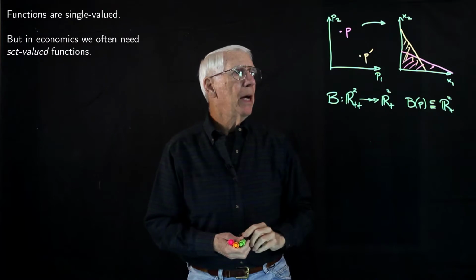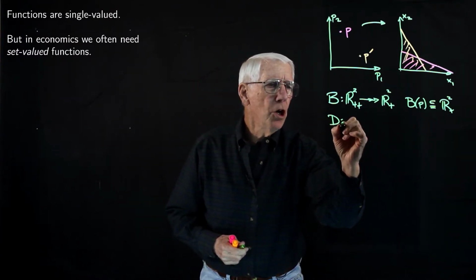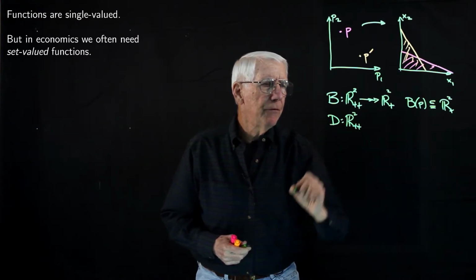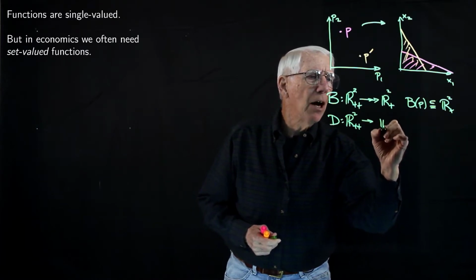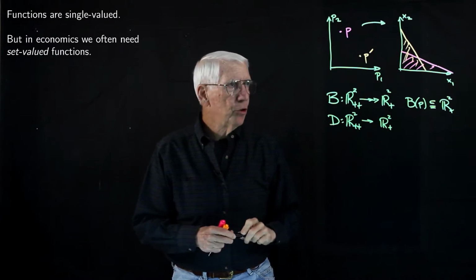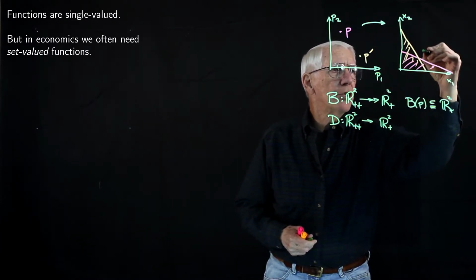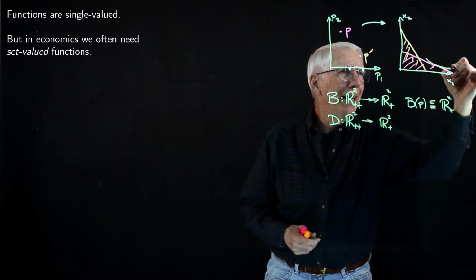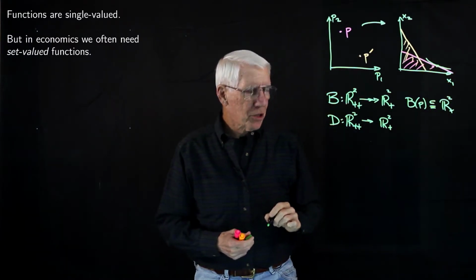Second example is, let's say, a demand function. So usually we have a demand function, again defined on strictly positive prices, that for any price list picks out an element of R2+. And so let's suppose that we have a consumer whose indifference curve looks like this.